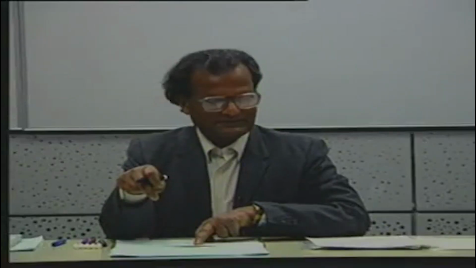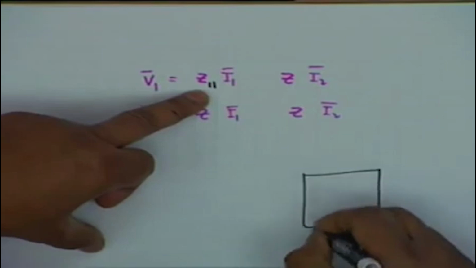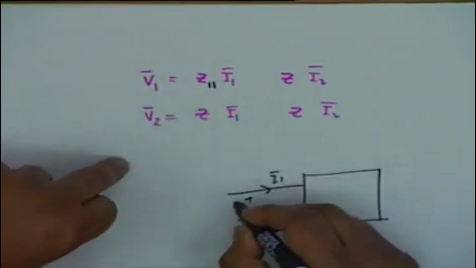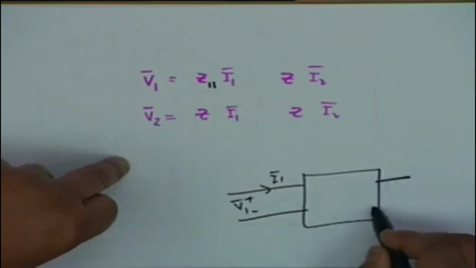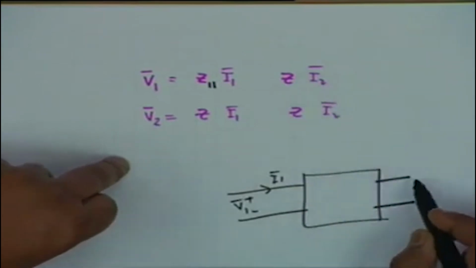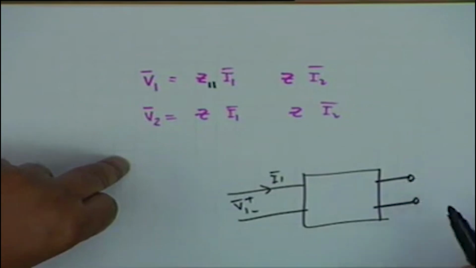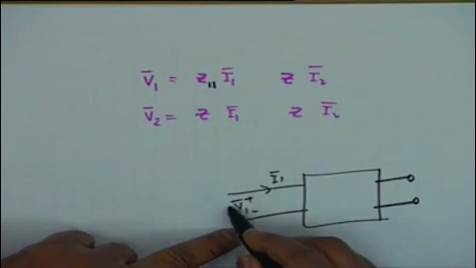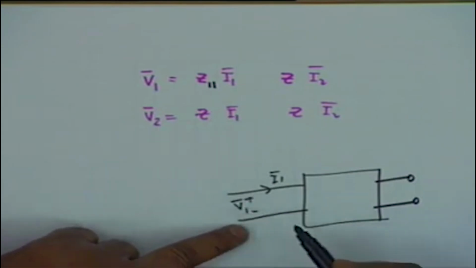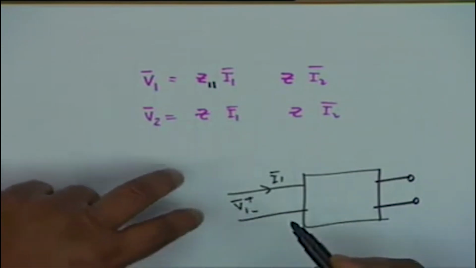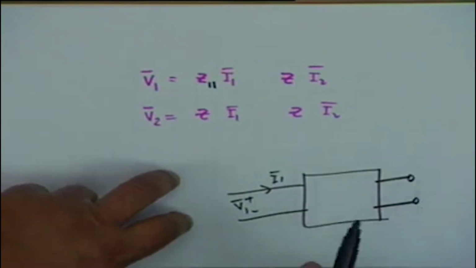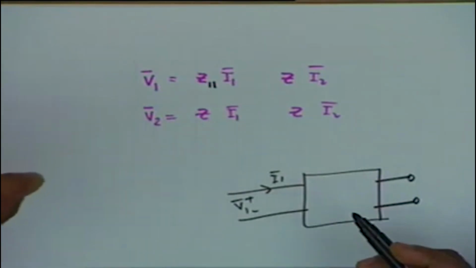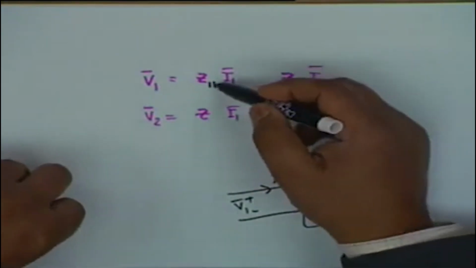Isn't that right? If you recall, this is port 1, this is V1 and this is I1. What you are doing is making I2 equal to 0. I2 equal to 0 means these are left open circuit, and therefore you are applying a current source here and measuring the voltage. Isn't this a driving point impedance? Driving point impedance, and since it is measured at port 1, we call it Z11.